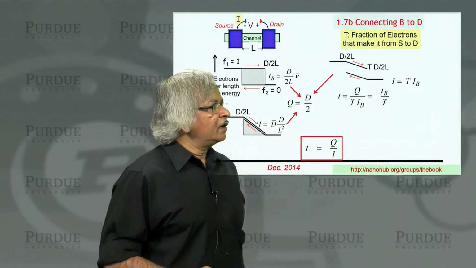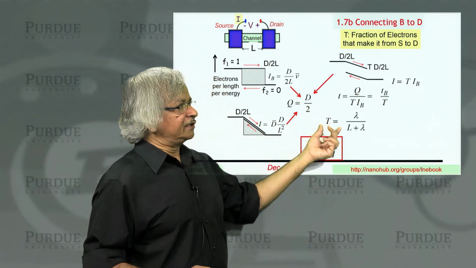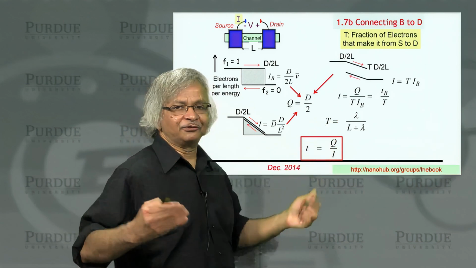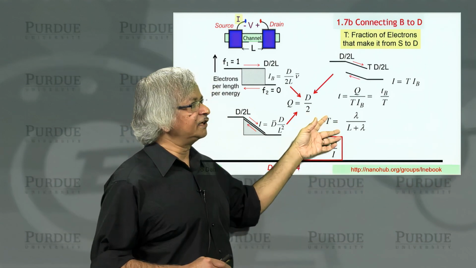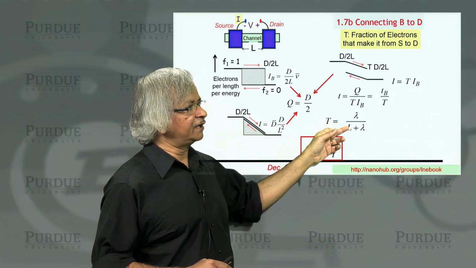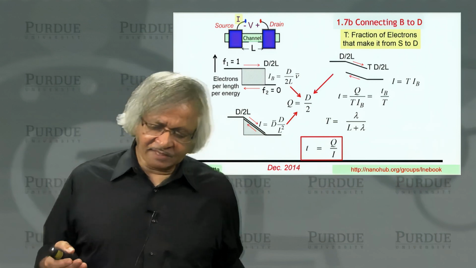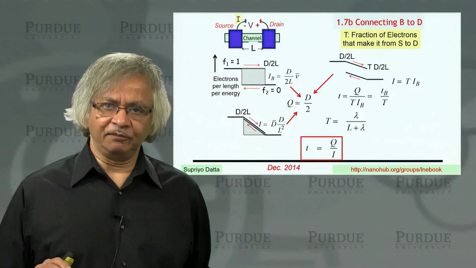Now, this transmission coefficient, this fraction of electrons that get from left to right, is actually given by the mean free path divided by the length plus the mean free path. In fact, one could use this almost as a definition for mean free path.